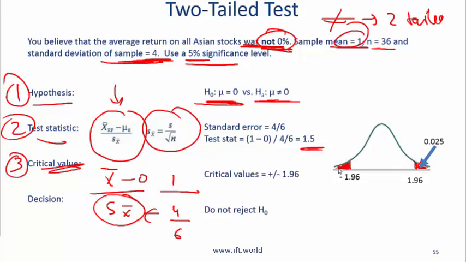Let us say that based on this, the critical value is minus 1.96 and plus 1.96. Then how do you decide whether to reject the null hypothesis or not? If the test stat is in this range, then you do not reject the null hypothesis. Had the test stat been higher than 2 or less than minus 2, then you would reject the null hypothesis.